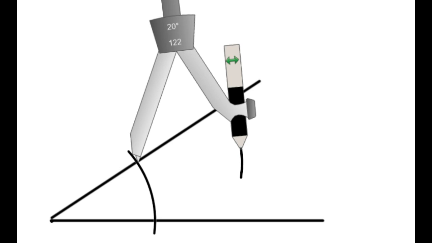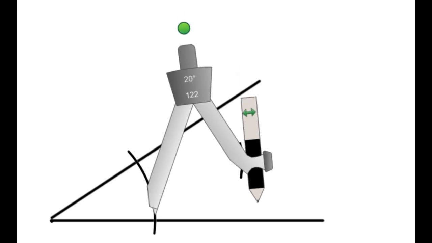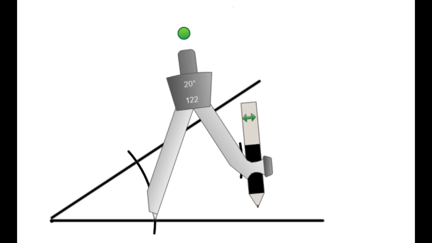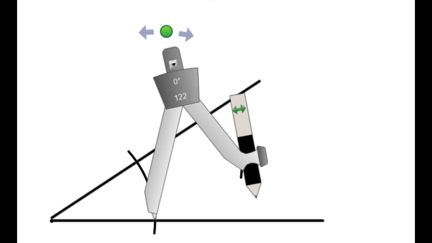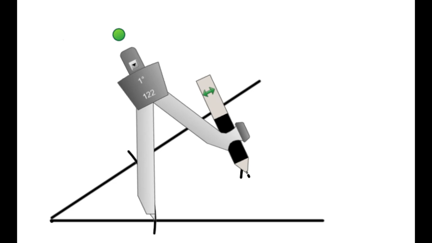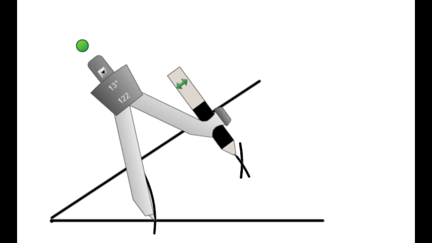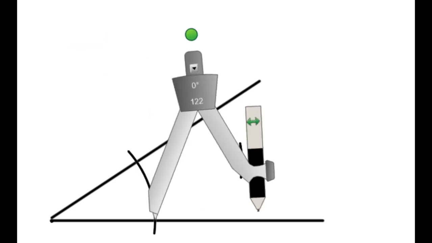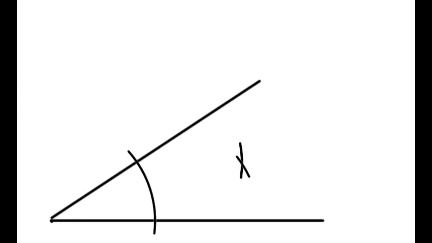So if we make an arc from each of these intersections that represent two more vertices, the intersection of these two arcs will be the last vertex for our rhombus. And now that we've got all of our vertices, we're just going to use our straight edge to connect up those vertices and make our rhombus.